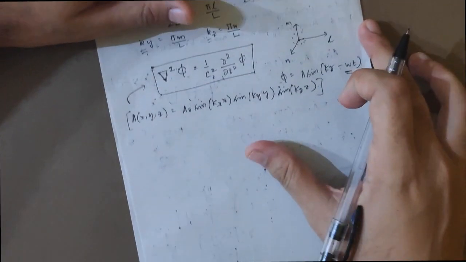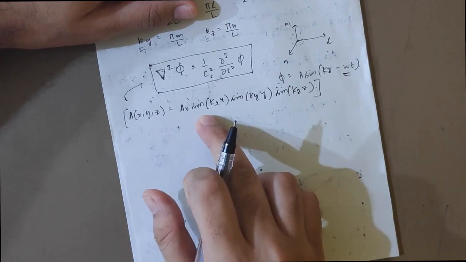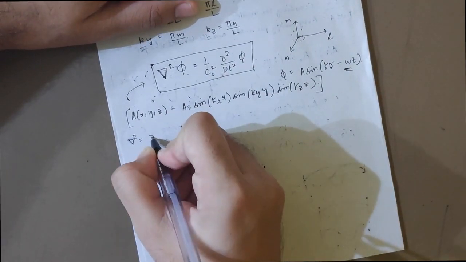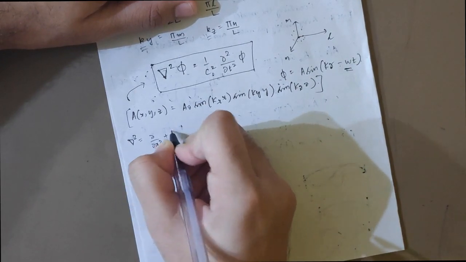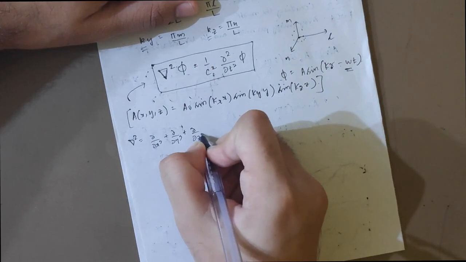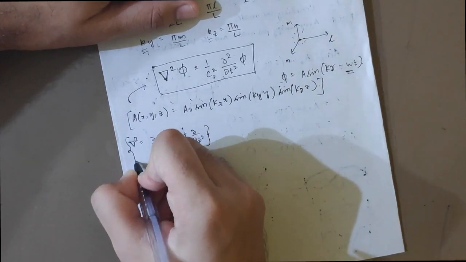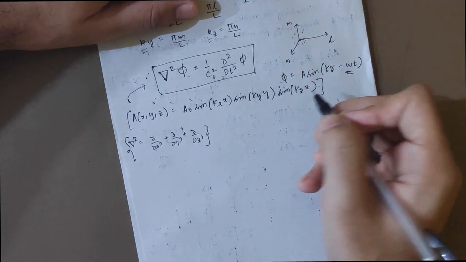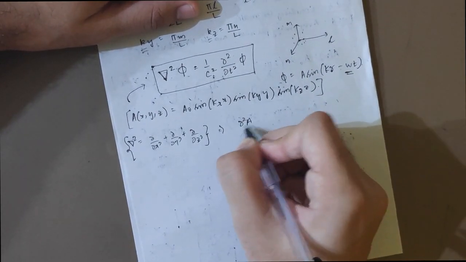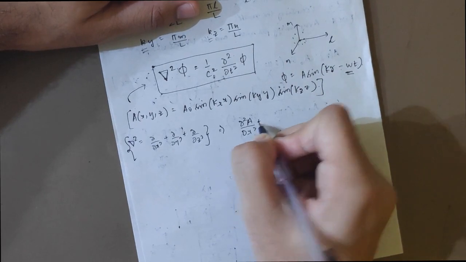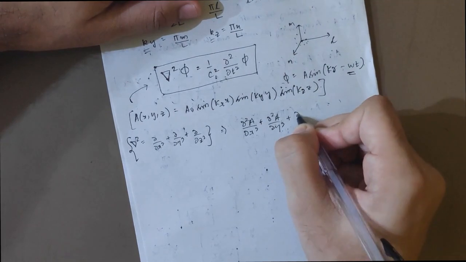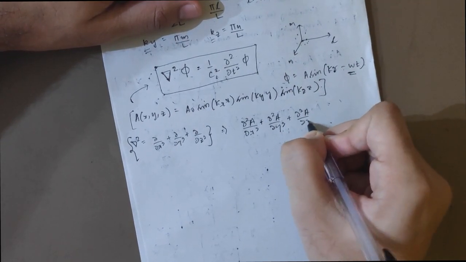Now, I'll leave it as an exercise. If I find the second derivative of this with respect to x, I'd like to remind you that del squared is nothing but dou squared by dou x squared plus dou squared by dou y squared plus dou squared by dou z squared in Cartesian coordinates, right? Now, if I perform the operation of del squared on this equation, I'm just eyeballing it, it would be this: dou squared by dou y squared, dou squared by dou z squared.